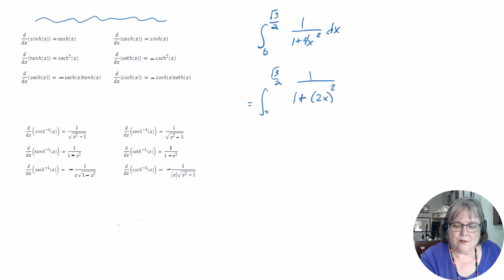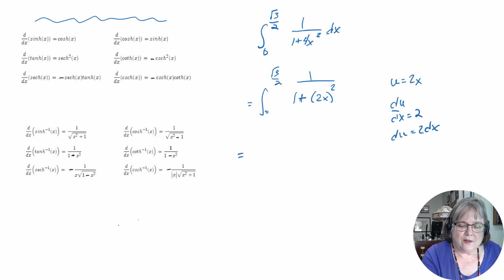So u is 2x. So du is 2 dx, right? So there's my dx. So what I need is a 2. So what I would like to have is a 2 right here.